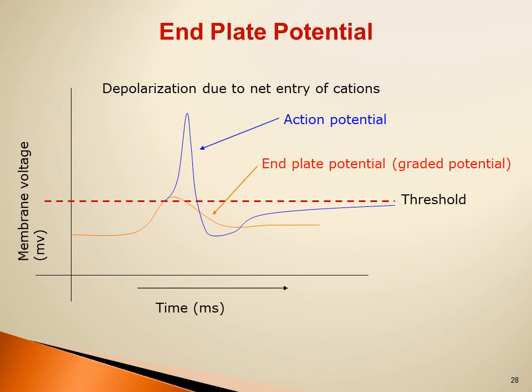As you can see here, we have this plot for membrane potential. We can see here this orange line. This is a graded potential in the postsynaptic membrane called the end plate potential, and its amplitude usually is enough to bring the adjacent skeletal muscle membrane to threshold to initiate an action potential.